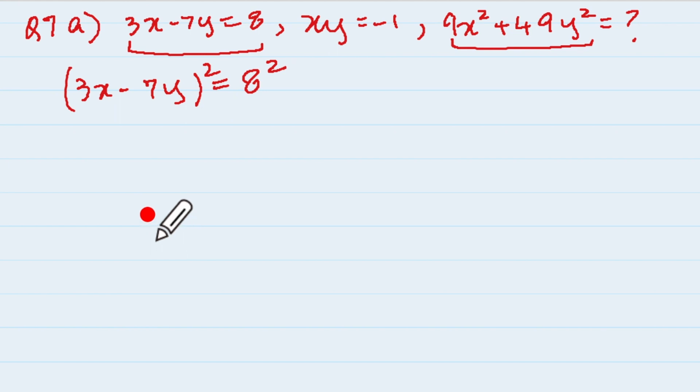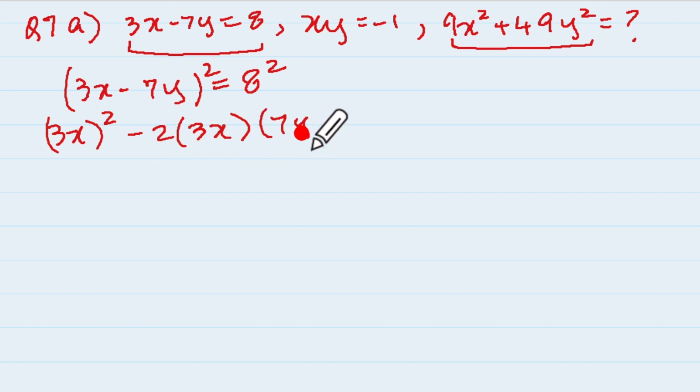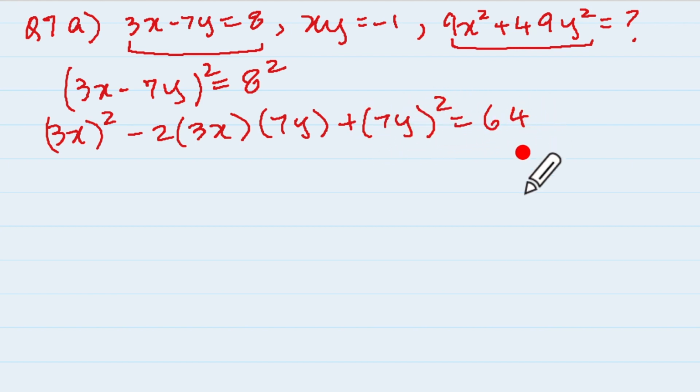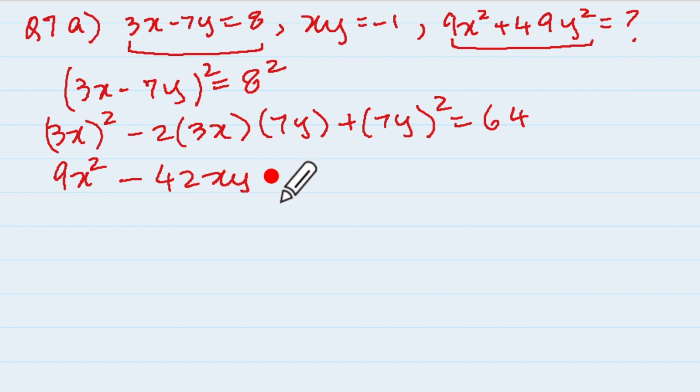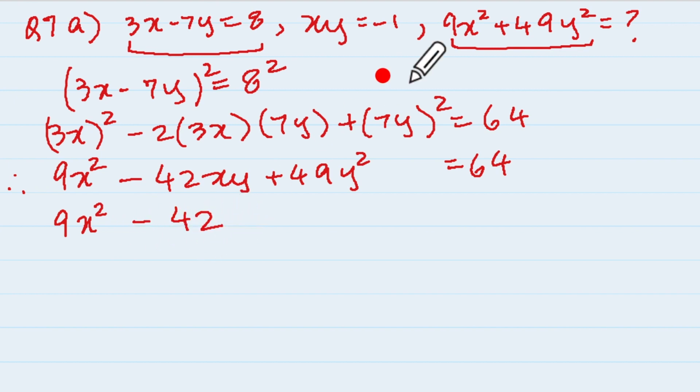We use the a minus b whole square identity. So it will be 3x whole squared minus 2 into 3x into 7y plus 7y whole squared equal to 64. So 9x squared minus, this is 7 3s are 21, 2s are 42xy plus 49y squared is equal to 64. Yes. Therefore 9x squared minus 42 times the value of xy, which is given as minus 1, plus 49y squared.